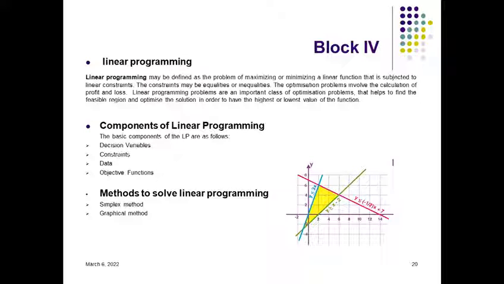Components of linear programming. The basic components of linear programming are as follows: decision variables, constraints, data, and objective functions. Methods to solve linear programming: simplex method, graphical methods.